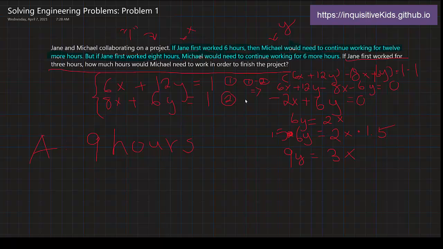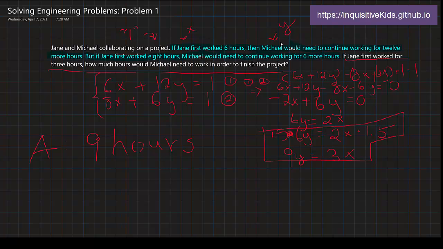So basically, we subtracted the second equation from the first equation. And then we had to simplify. Then over here, this is a key point. We stopped and we went back and looked at what x and y stood for.